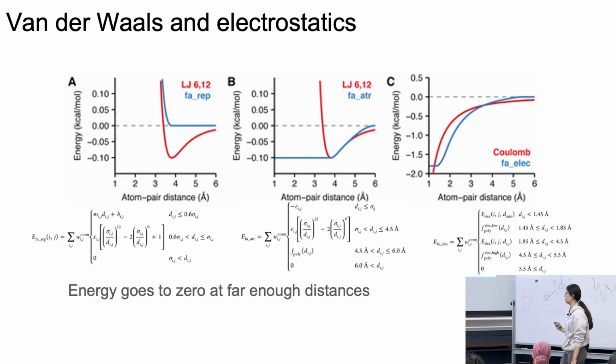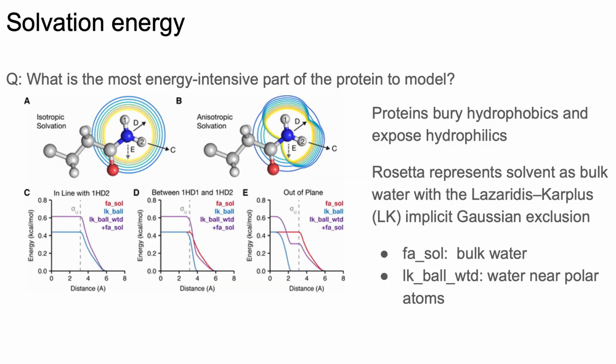So we don't go into the details here, but you might want to think about how far away two atoms have to be to start either repulsing or attracting. And in general, you can take a look at how that changes perhaps in combination with other types of energy terms.